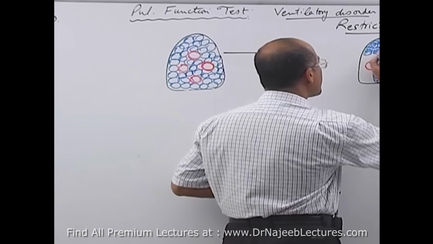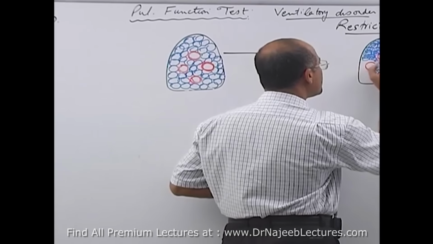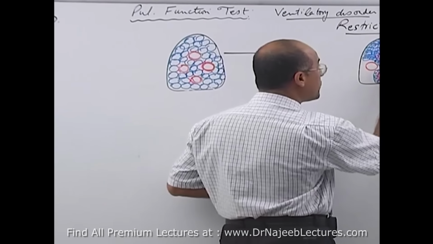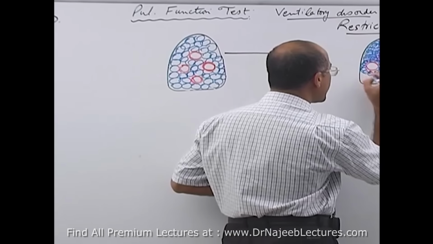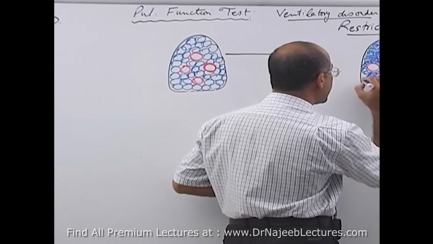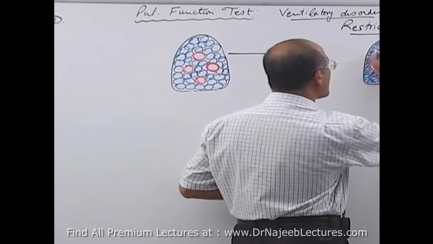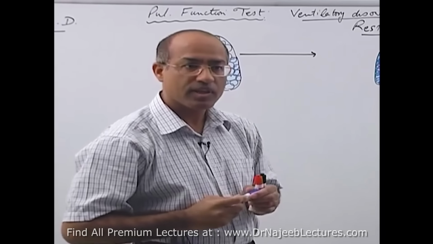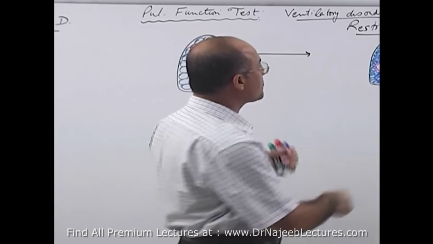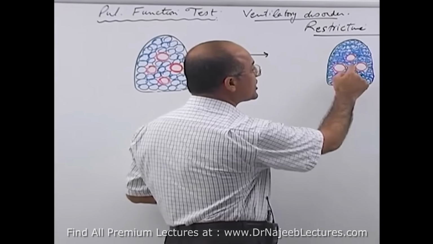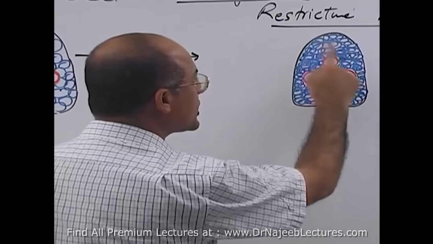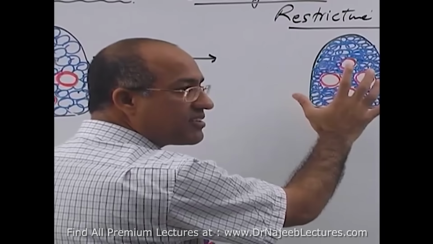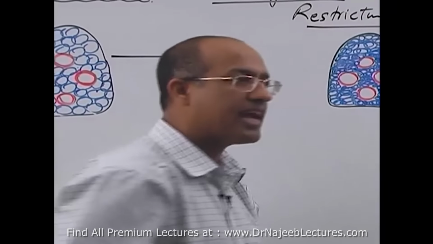And when this parenchyma become dense, or there may be some infiltrative disease. Now airways are surrounded by lung parenchyma which is more stiff. Is that right? Now this type of lung which is suffering with such infiltration or by fibrosis or widespread interstitial inflammation, this lung is difficult to expand.